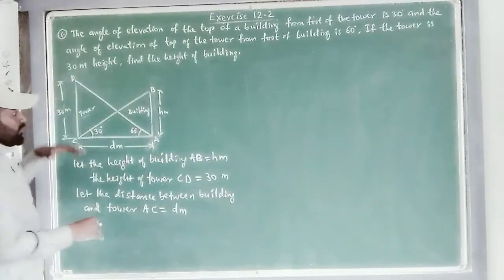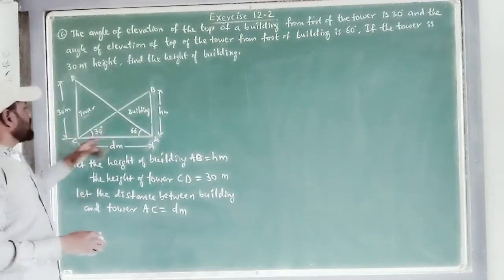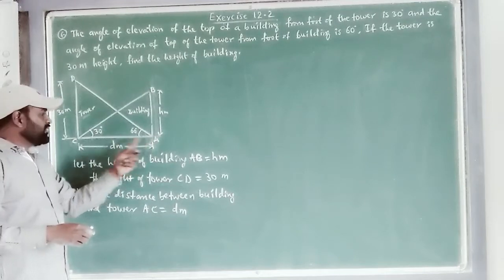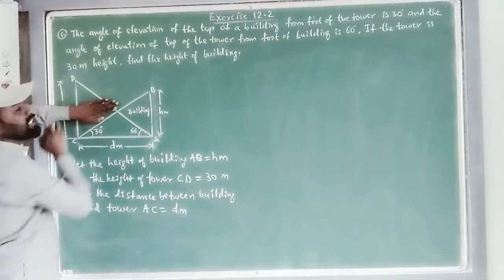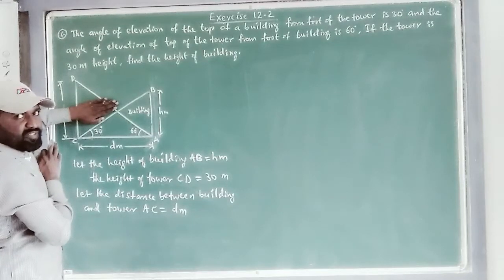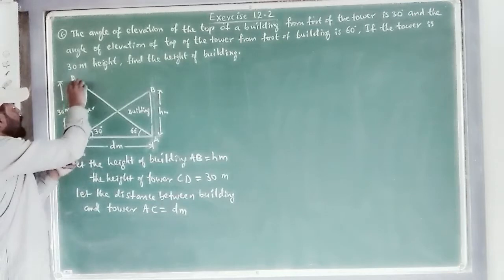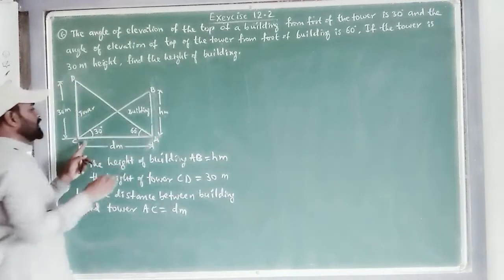Now from this, to find the height of the building, we need the distance between the building and the tower. That also we require. But we do not have it; directly we cannot find the height of the building without using the tower. Without the help of the tower we cannot find. So first let us use the height of the tower. To utilize this height of the tower, we need to find the distance between the building and the tower also.